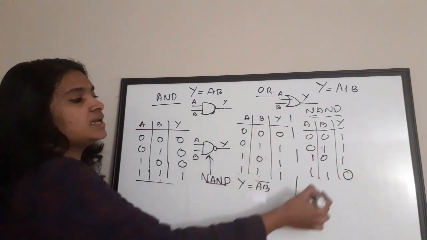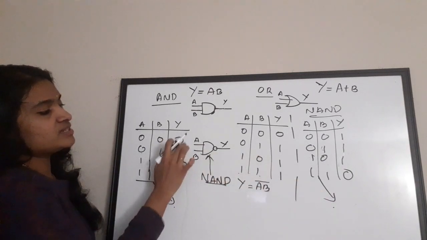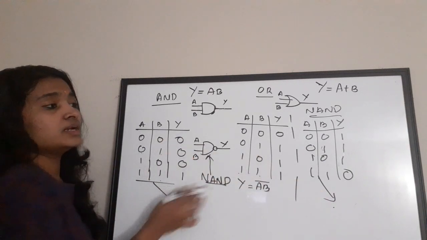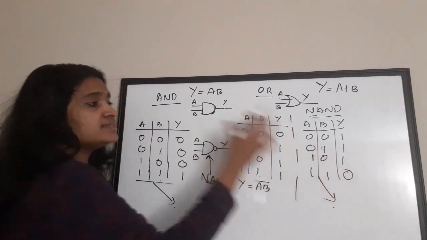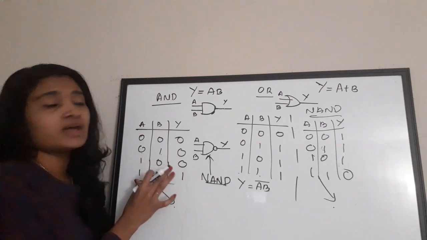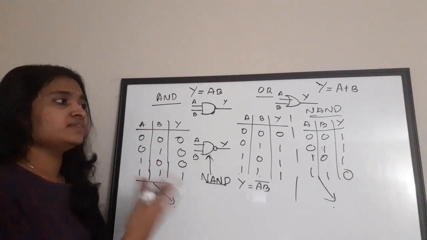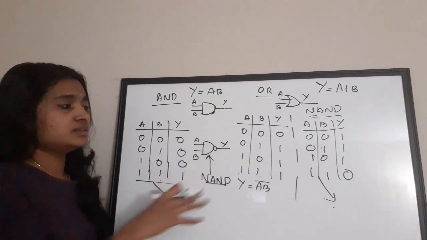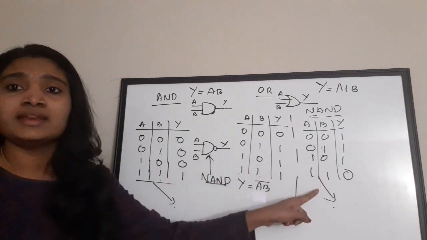If you see this truth table and the AND truth table, the first 3 outputs are 0, 0, 0, then 1, here 1, 1, 1, 0. That is, the truth table of NAND gate is exactly the complement of the AND gate truth table. This is very basic, everybody will be knowing. Anyway, I am just saying it for the basics before doing the question. So that is the truth table of a NAND gate.